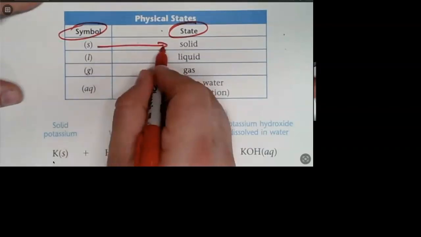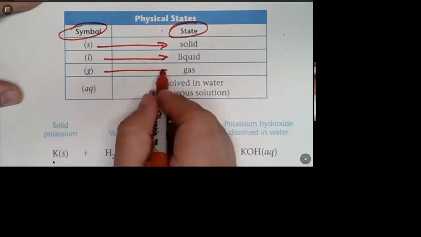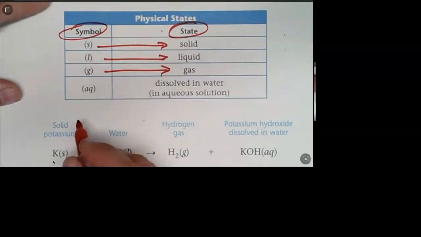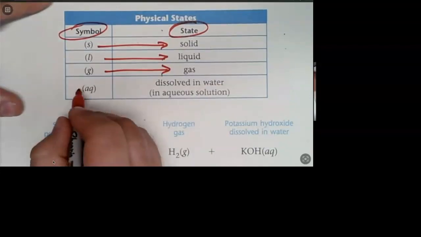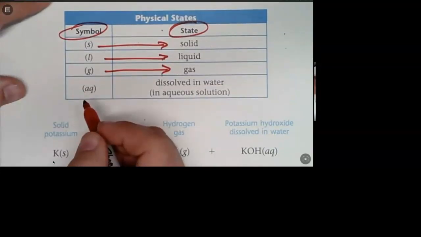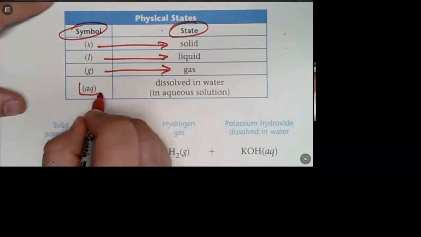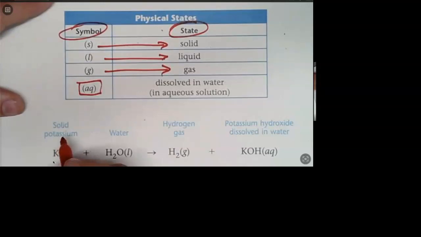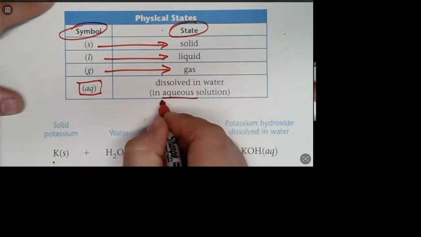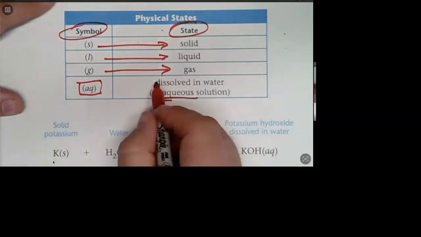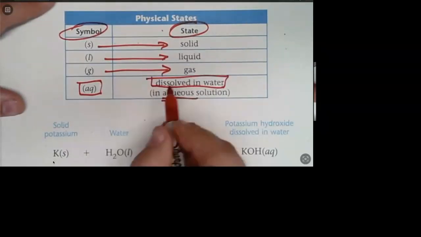S stands for solid, L stands for liquid, G stands for gas. However, the one that typically gives kids trouble, and when I say kids, I mean students, it gives even graduate students trouble sometimes, is this AQ.